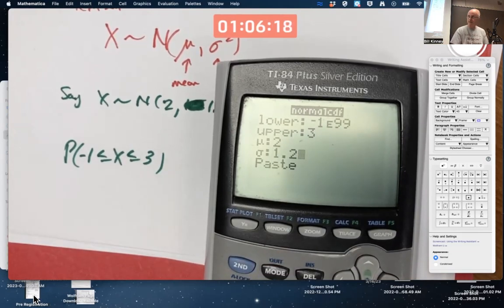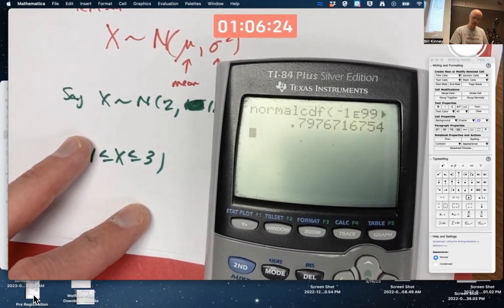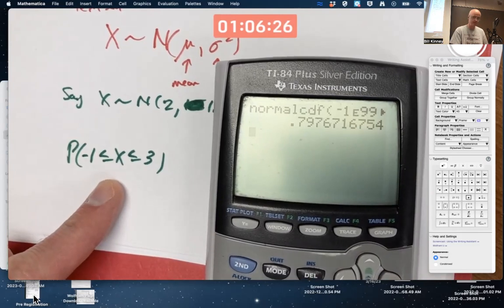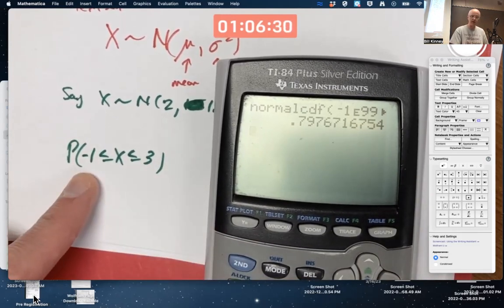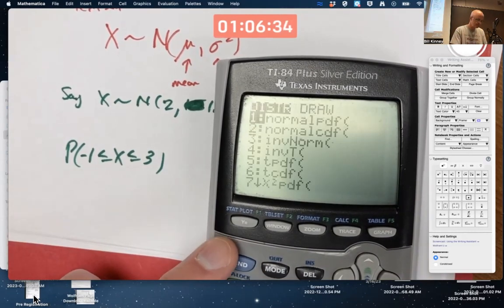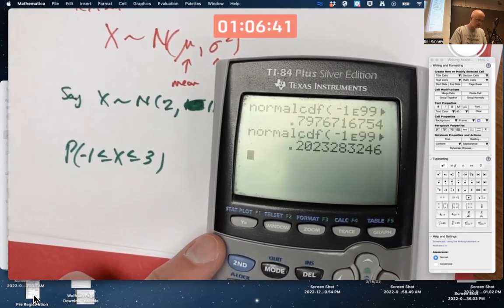The calculator wants a standard deviation, not a variance. So this is capital F of 3. It's not the final answer. But I could also compute capital F of negative 1 and then do a subtraction. Might as well. Oops. Did I do that right? Did I do a 1 or a negative 1?